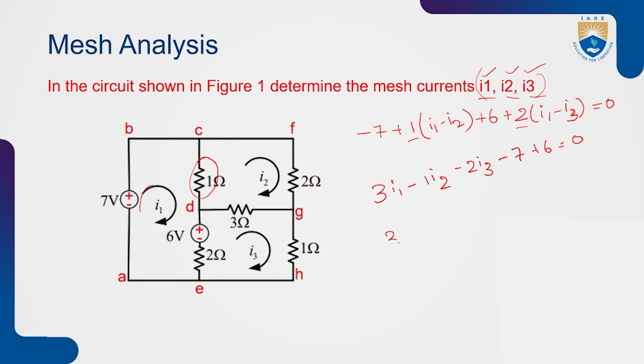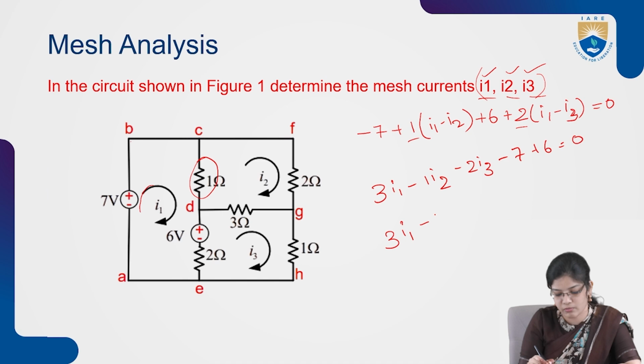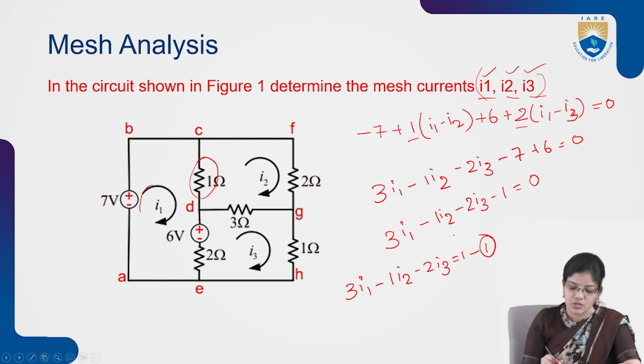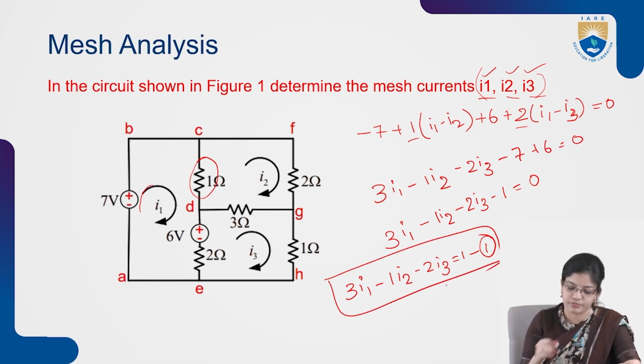So from this we can write the first equation as 3 I1 minus 1 I2 minus 2 I3 minus 1 equals 0, or we can also write it as 3 I1 minus 1 I2 minus 2 I3 equals 1. This will be equation 1.